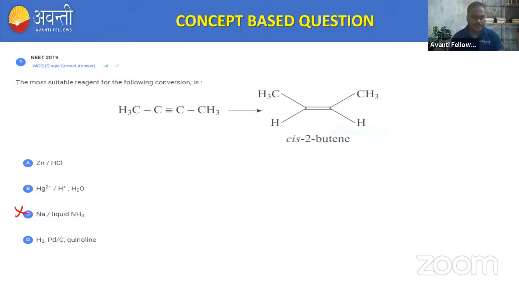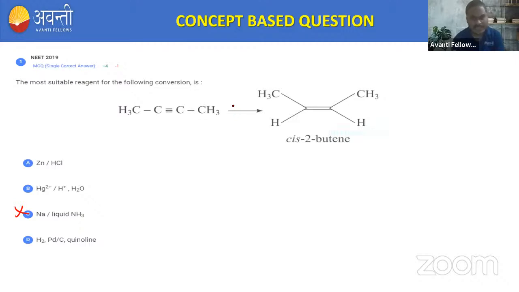So always remember, beta, whenever you want trans-alkene, you can use sodium and liquid ammonia. And whenever you want to prepare cis-butene from the alkyne, you have to use a reagent called H2/Pd-C, right? And this is known as syn addition.